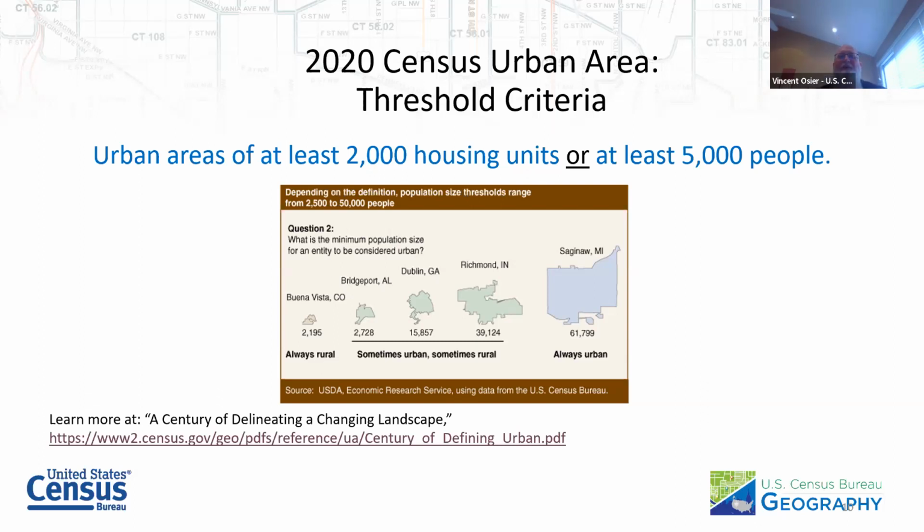So we adopted a 2,000 housing unit threshold, and that's because it's roughly equivalent to 5,000 people as the minimum threshold for an urban area. And that's because of the 2.5 people per housing unit average out there across the US.